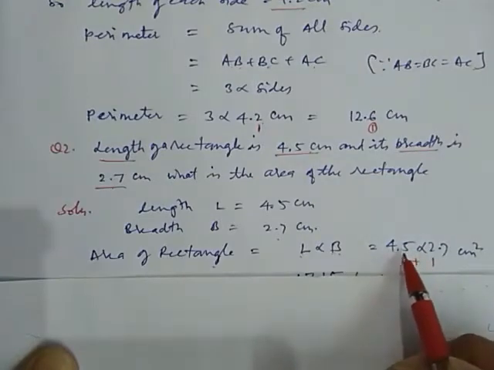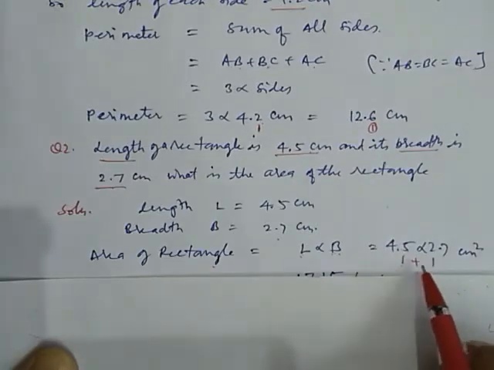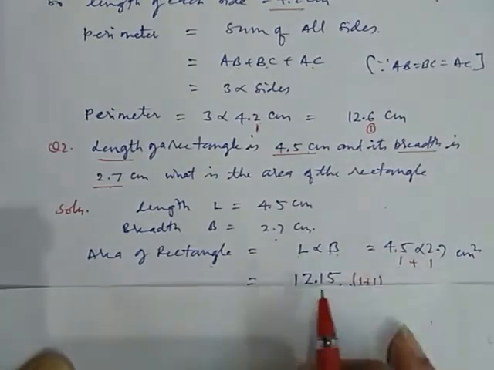Means count the digits after the decimal. Here one digit, here also one digit. So we add them. We put the decimal before two digits, but first we multiply them as whole numbers.